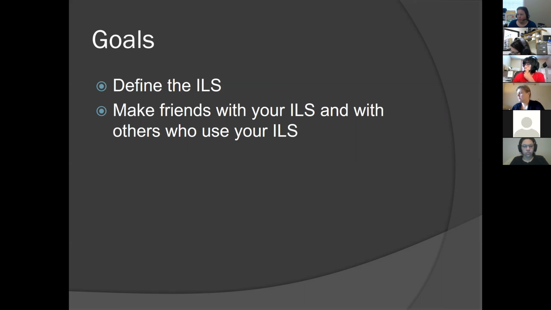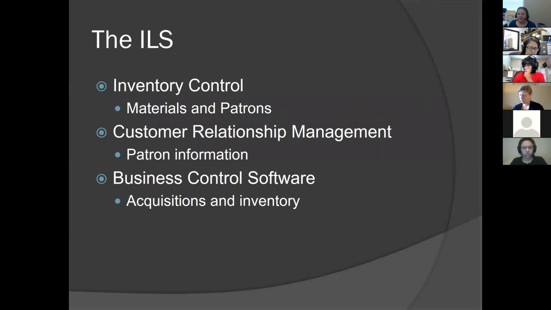So we're going to talk about what the ILS is, and then which ILS you all use and how to find your friends. That would be people who use the same ILS as you and who are resources for when you have problems or questions.